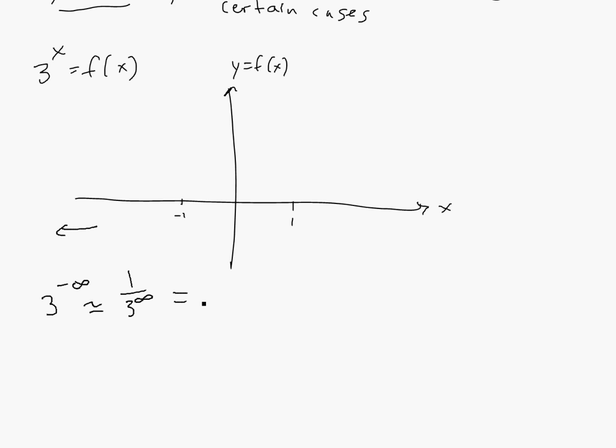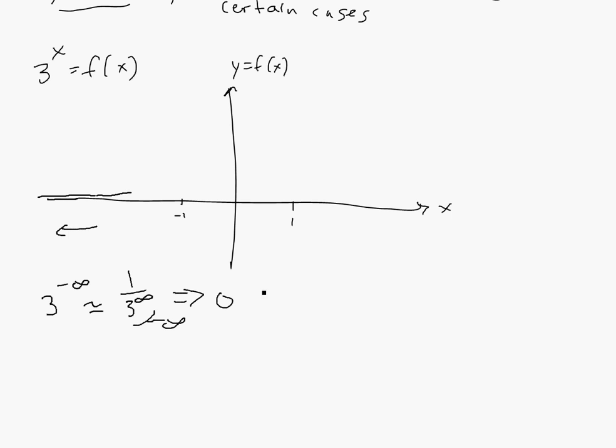And this basically goes to 0, because 1 divided by 3 to the infinity is 1 over infinity, and then this just becomes 0. So it is approaching 0, and it kind of curves up.